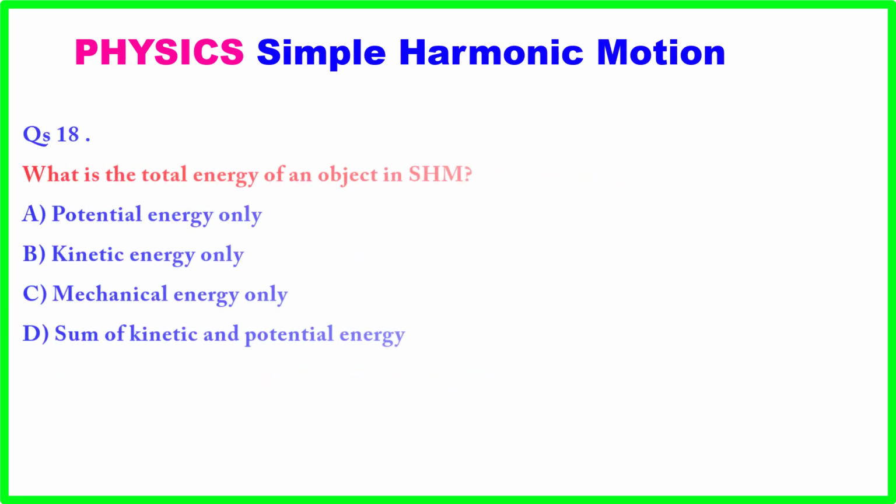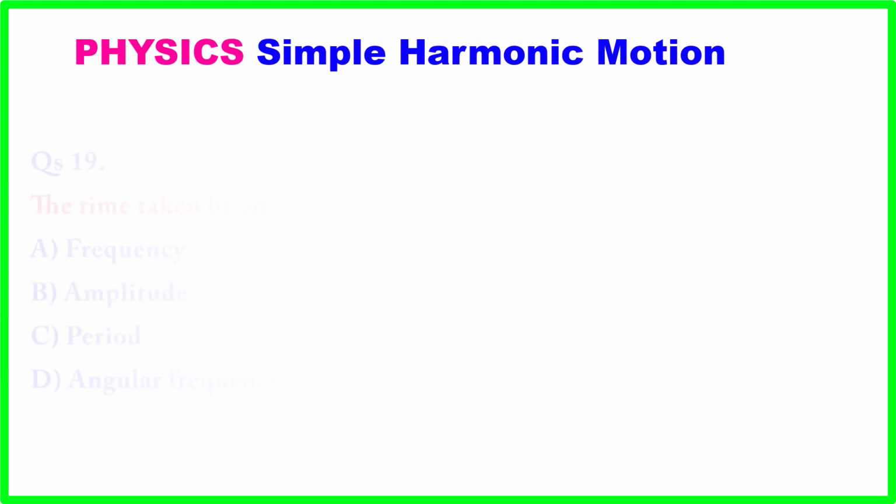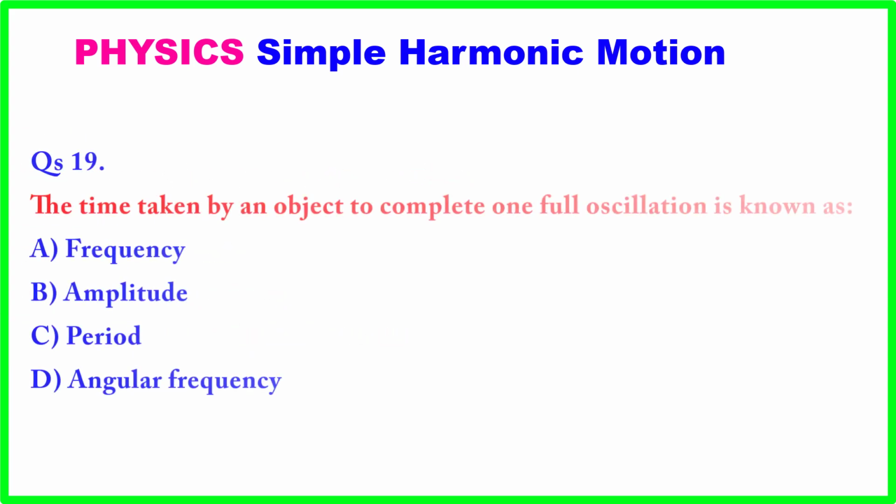What is the total energy of an object in SHM? Sum of kinetic and potential energy. The time taken by an object to complete one full oscillation is known as period.